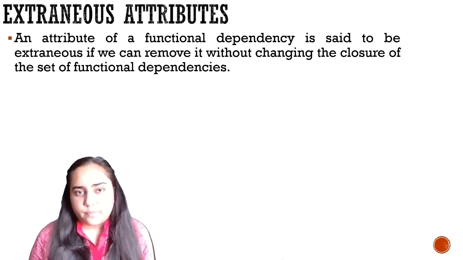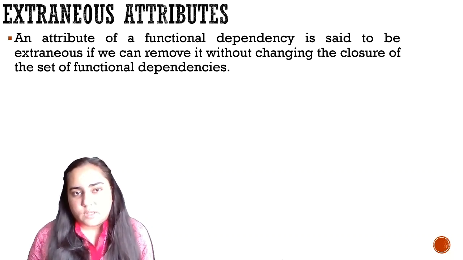And also, I can remove something from the right side, for example D, if by removing that, the closure of the functional dependencies does not change. And you will come to know what the closure of a set of functional dependencies is when we do a small example for finding and removing extraneous attributes.